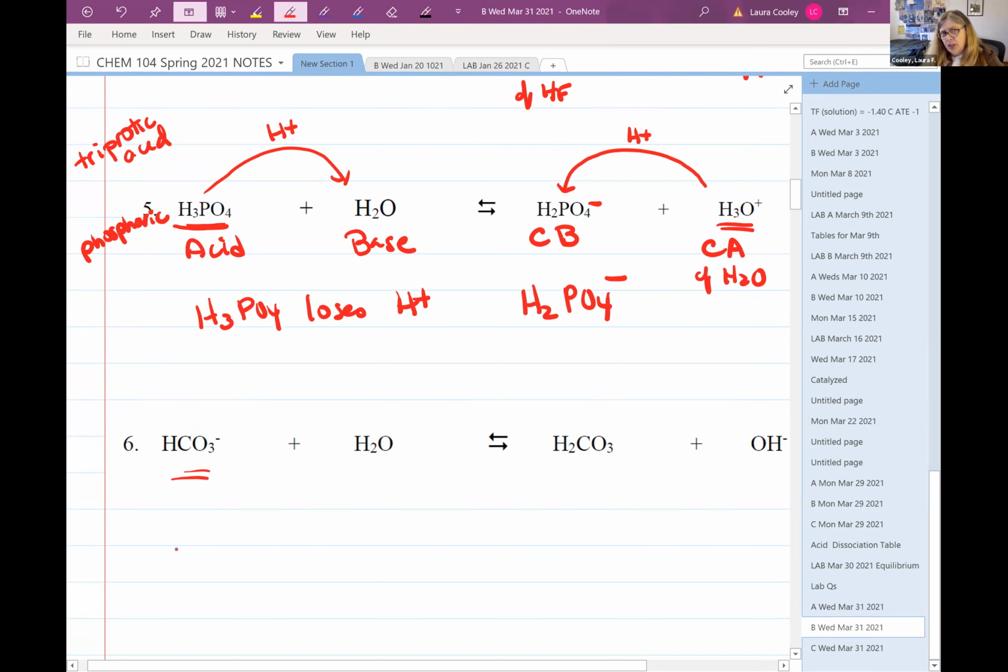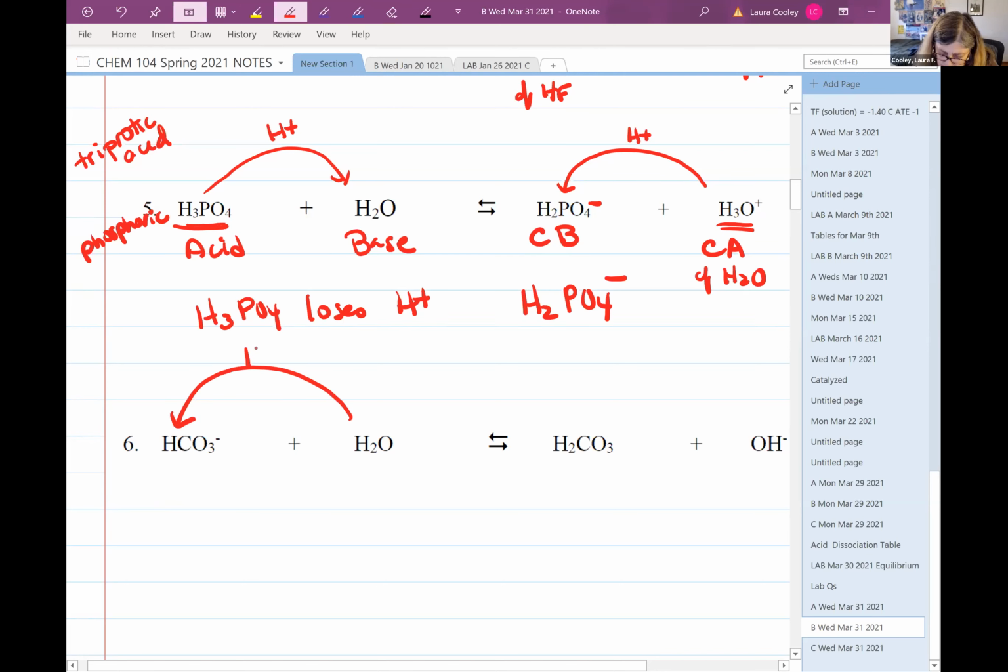You see you have something with an H, so you might think that this is an acid. But take a look at the reaction. What's the direction of the proton? Is it going towards this molecule, or is it going away from this molecule or this ion? Towards? Yes, it's actually going this way.